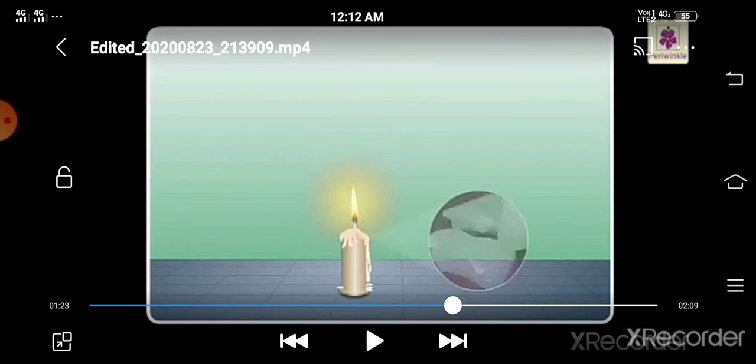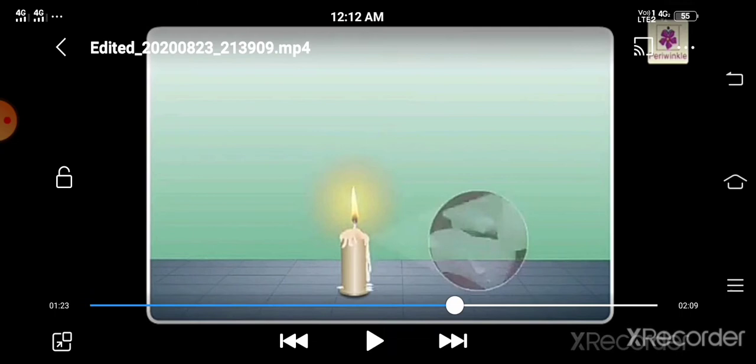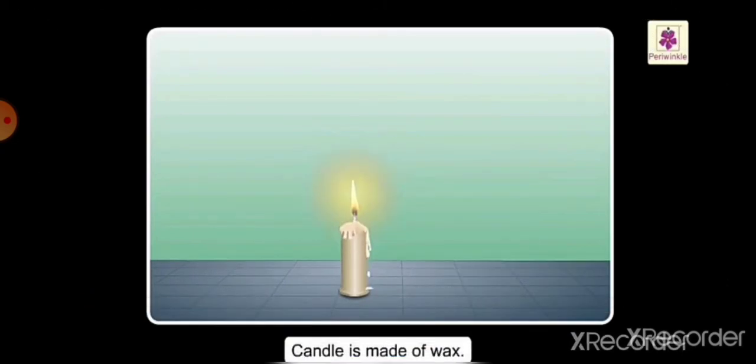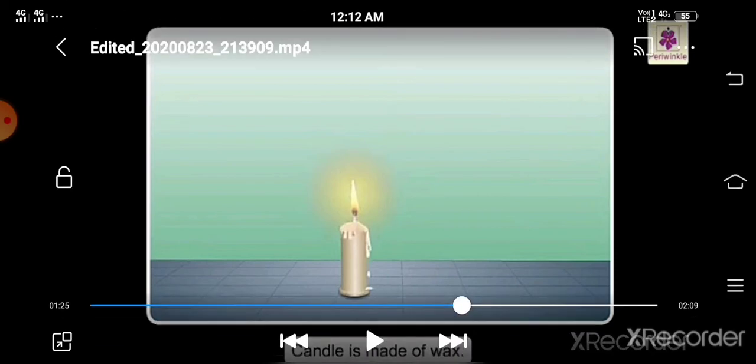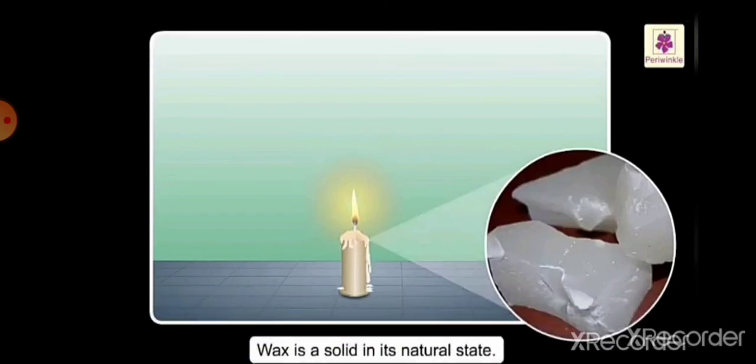You can see the candle burning, right? It is melting. This candle is made up of wax. We all know that it is made up of wax. Wax is a solid in its natural state.